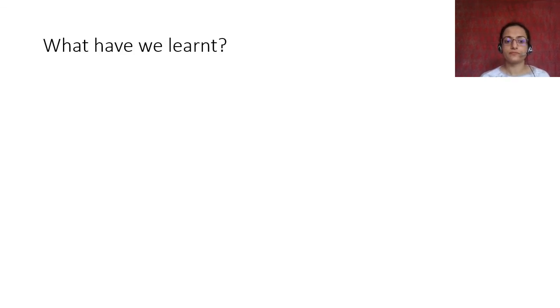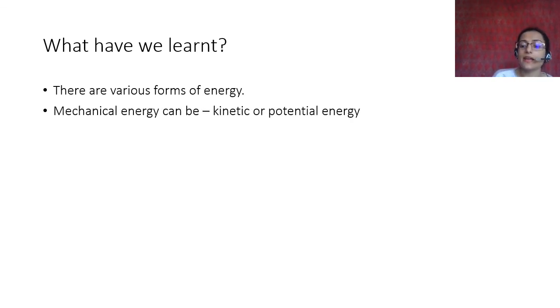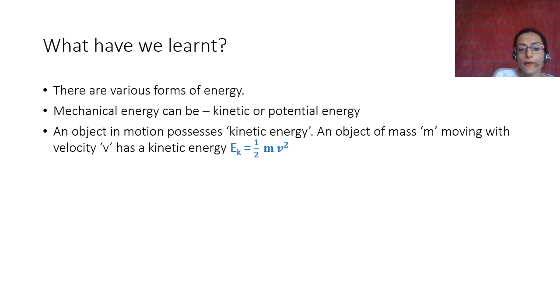Okay. So what have we learned in this chapter? We have learned that there are various forms of energy, and mechanical energy can either be kinetic or potential energy. The mechanical energy of an object is the sum of its kinetic and potential energy. This we will see in the next part. An object in motion possesses kinetic energy.